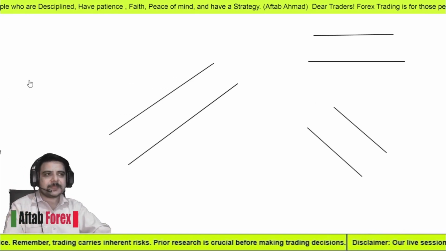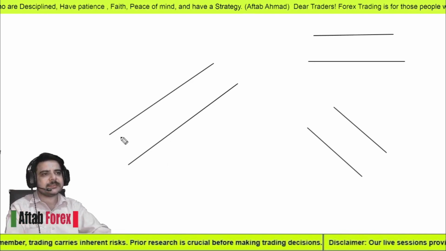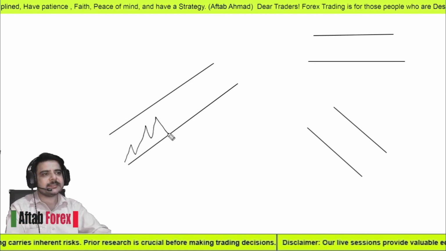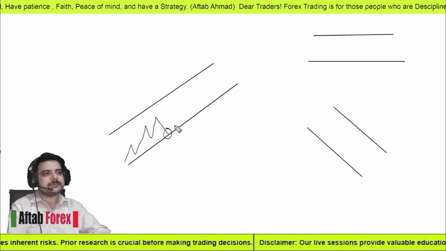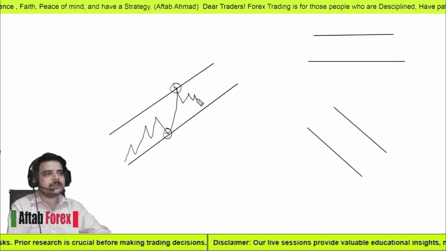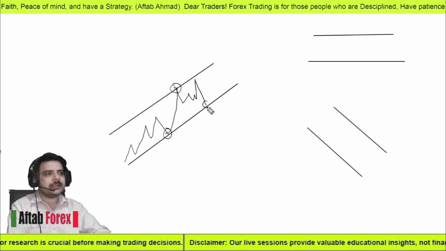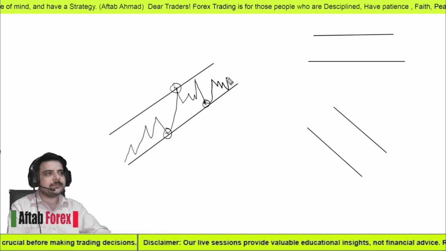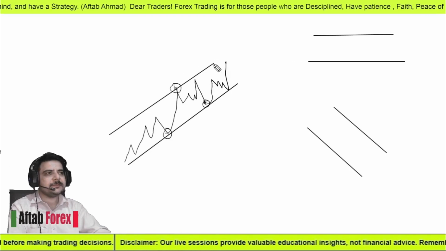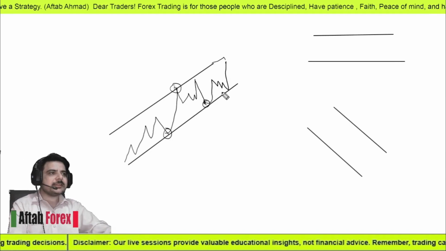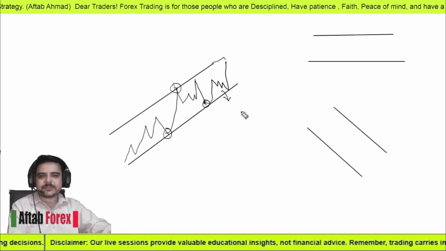Right here it will be a very nice resistance. Let's say the market is moving like this, keeps bouncing from the level, going back up, again a bounce, going back up, right? Now most traders say trade the breakout.